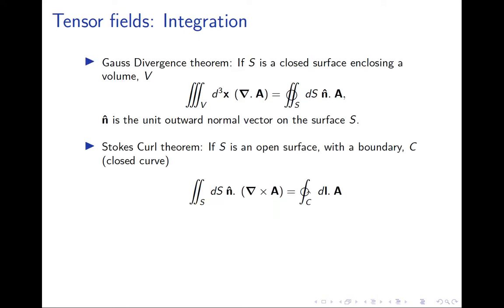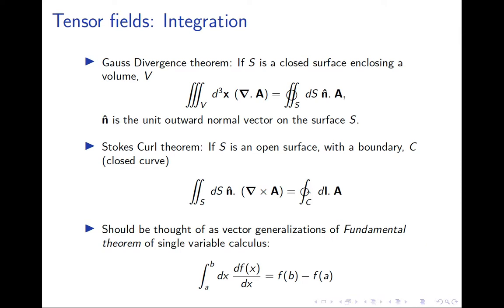These theorems are known as the Gauss divergence theorem and the Stokes curl theorem, because one involves the divergence and the other involves the curl, which are the two kinds of derivative operators defined for a vector quantity. For scalars we only define gradient, and for tensors we don't have such theorems. This is just for vectors.